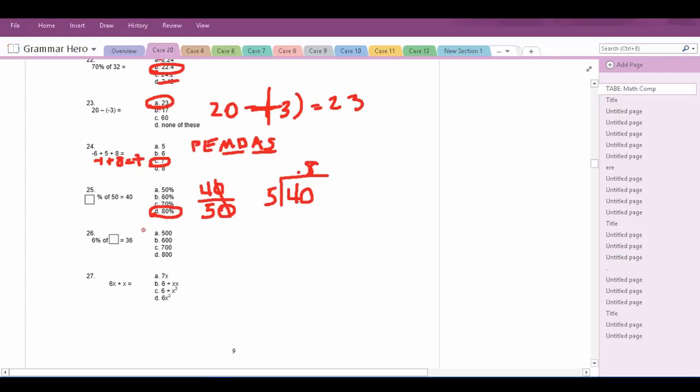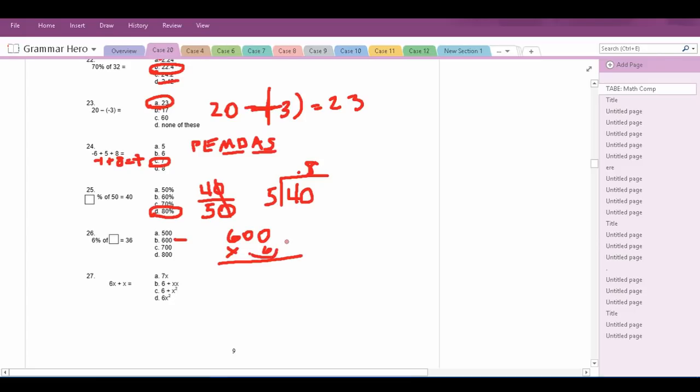6% of what gets you 36? So it's 0.6 times some number gets you 36. What I'd like to do to make it nice and easy is just multiply all these by 0.6 and see which one works out. So I'll start randomly with 0.6 or 600. 600 times 0.6.